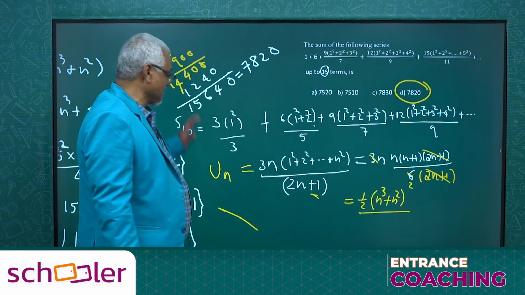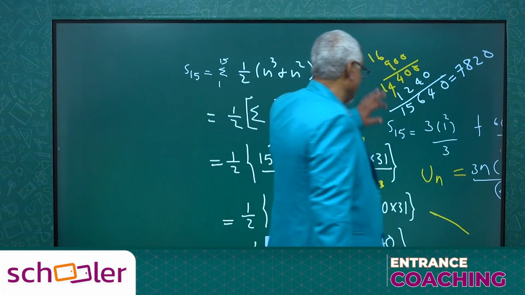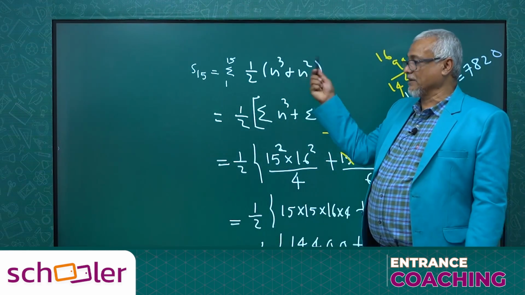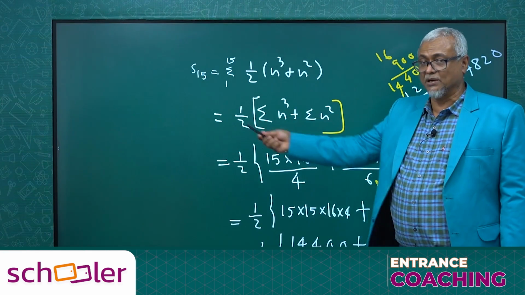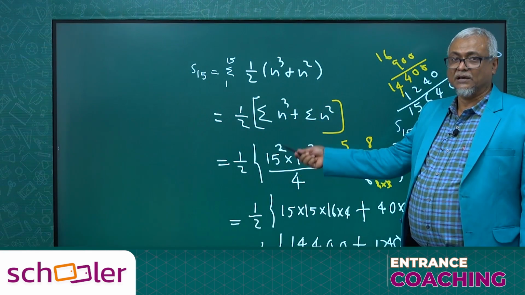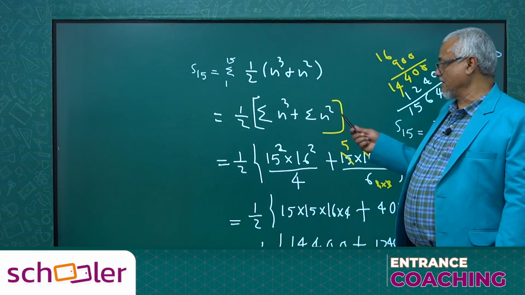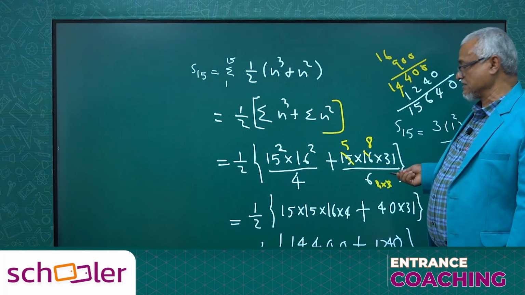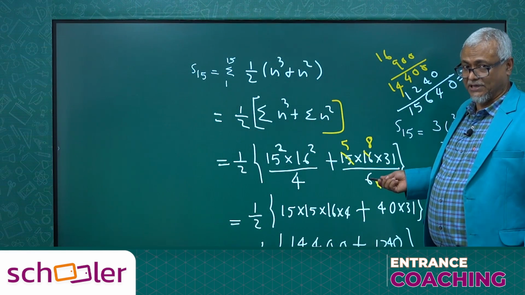Now we find sigma, the summation. S15 equal to sigma 1 to 15 of half into n cube plus n square. We split sigma, take 1 by 2 outside. We use the formula n square into n plus 1 whole square by 4, putting n equal to 15. And here we use the formula n into n plus 1 into 2n plus 1 by 6, here also with n equal to 15.